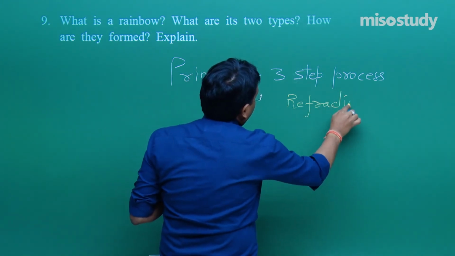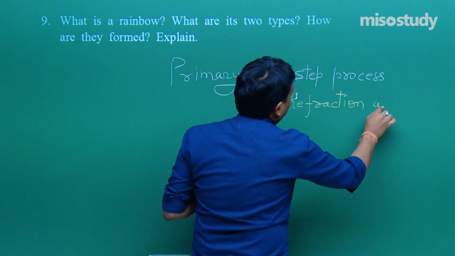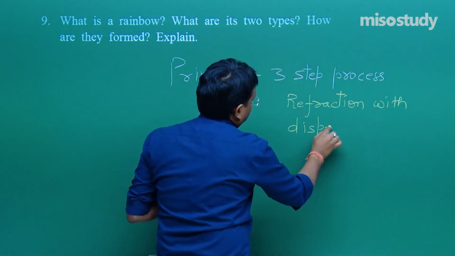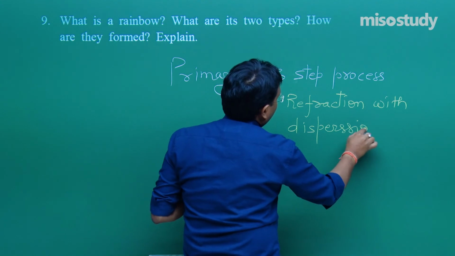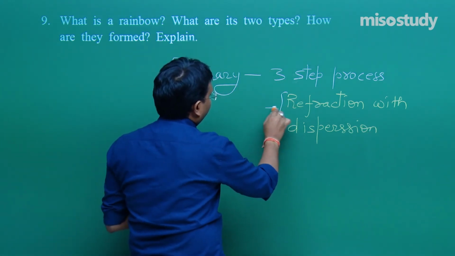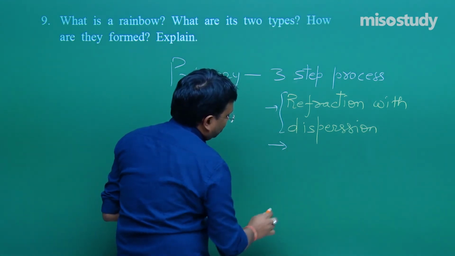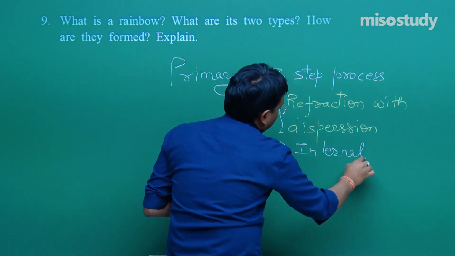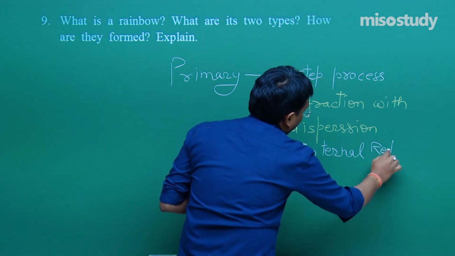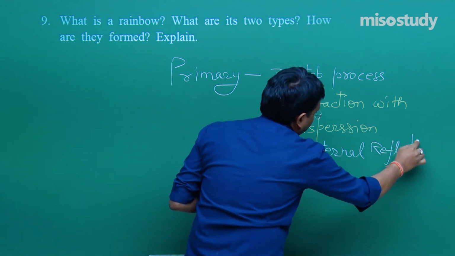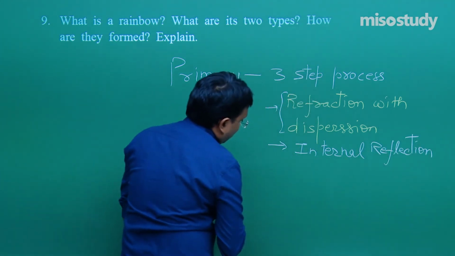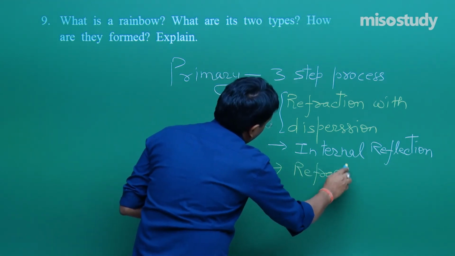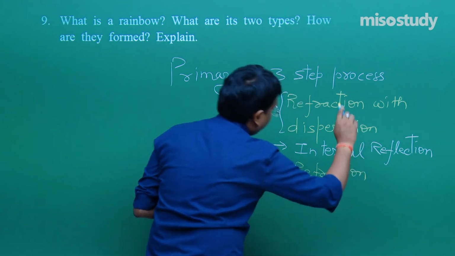This is the first step. Second step is internal reflection. And third step is refraction. You have to mention these 3 steps in this sequence.